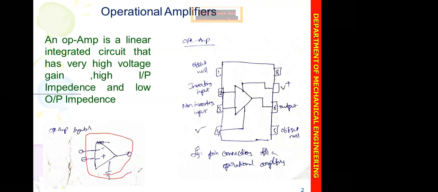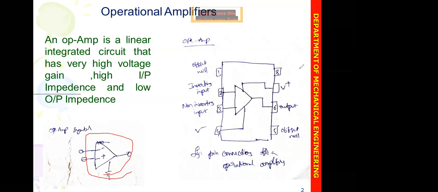And then the ideal amplifier has infinite voltage gain, infinite input impedance, and zero output impedance. Actually, that is the ideal amplifier.